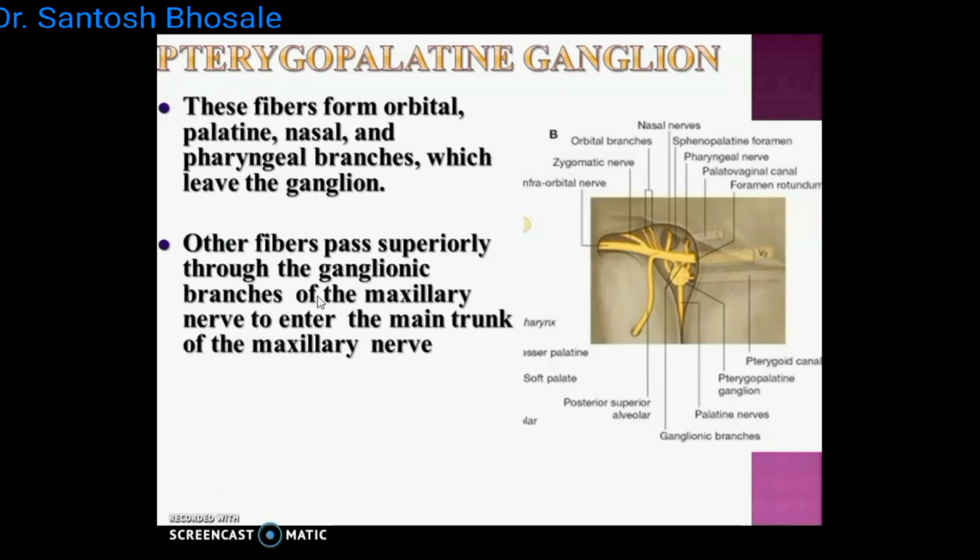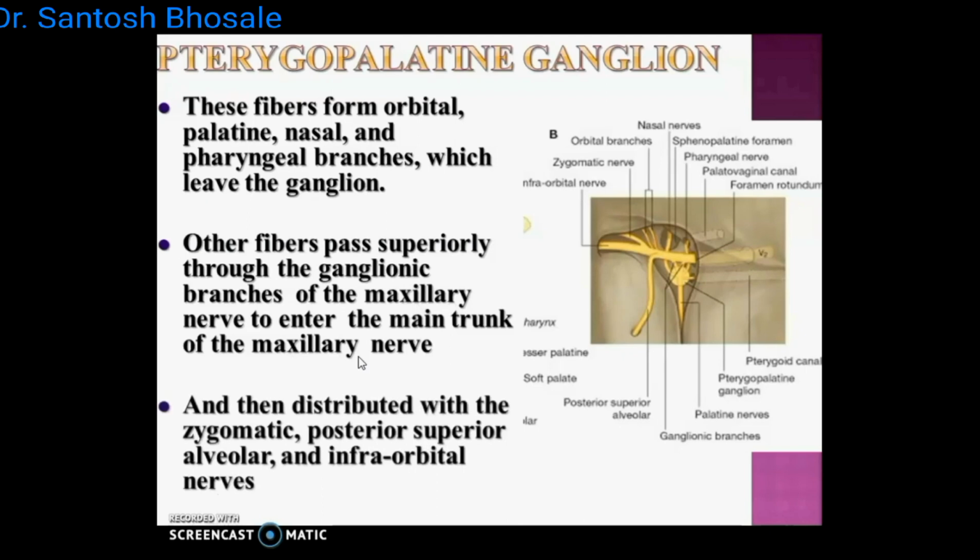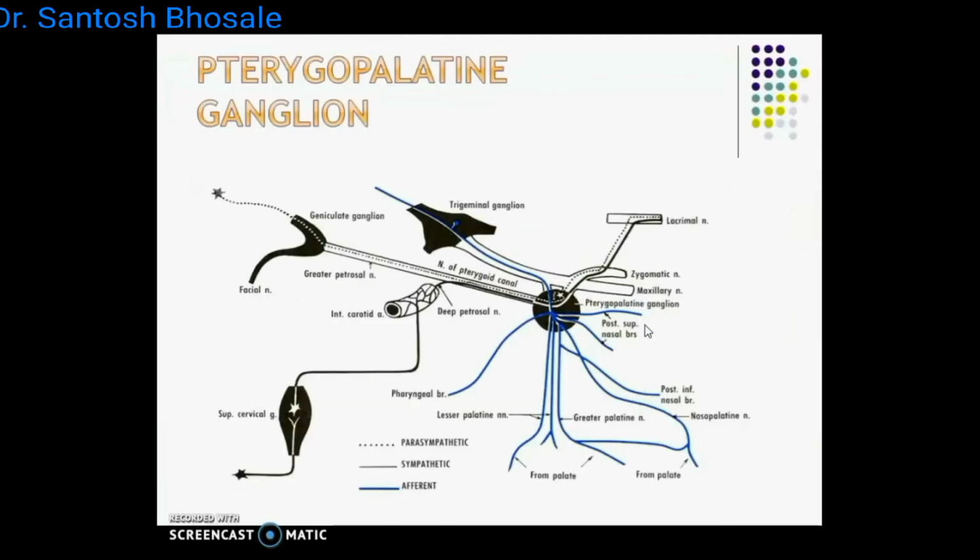The fibers are distributed along the branches of the maxillary nerve, ZIP: zygomatic, infraorbital and posterior superior alveolar nerves. Remember the 3 branches of the maxillary nerve within the pterygopalatine fossa, ZIP.